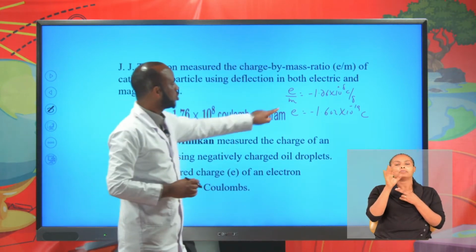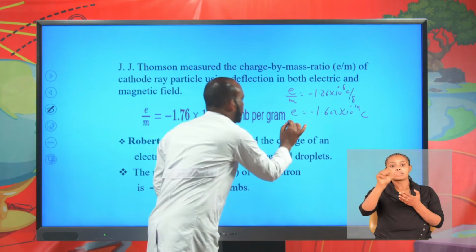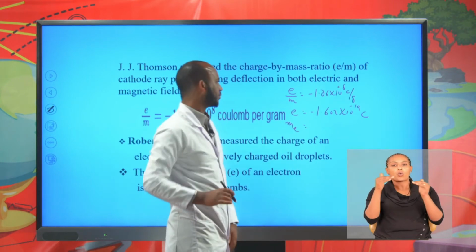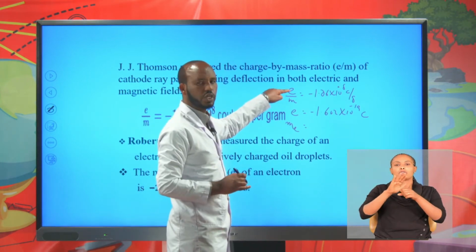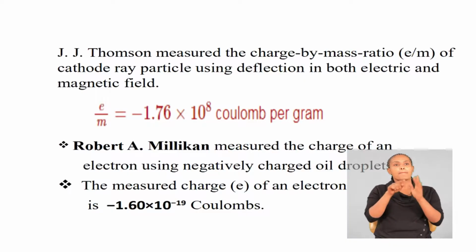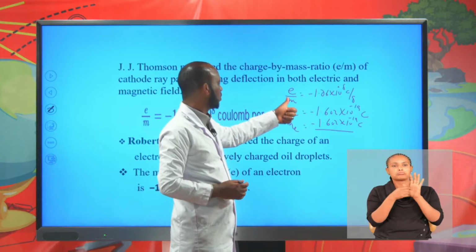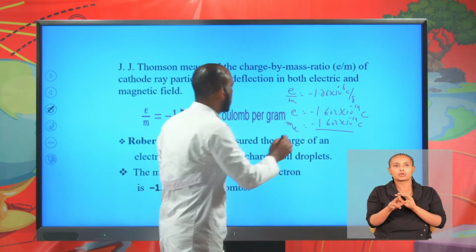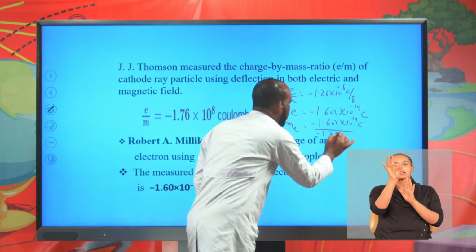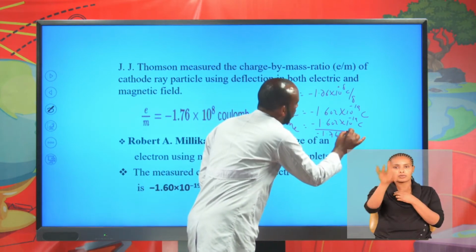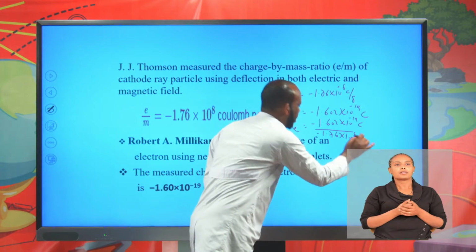Now, from this, mass of an electron equals charge on a single electron, which is minus 1.602 times 10 raised to minus 19 coulomb, divided by its charge to mass ratio, which is minus 1.76 times 10 raised to 8 coulomb per gram.